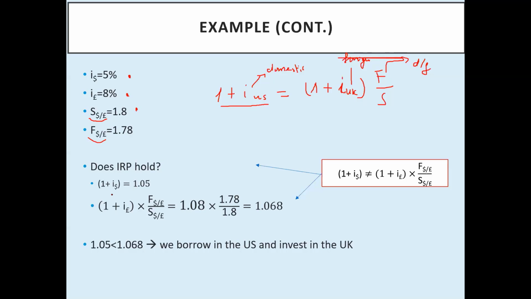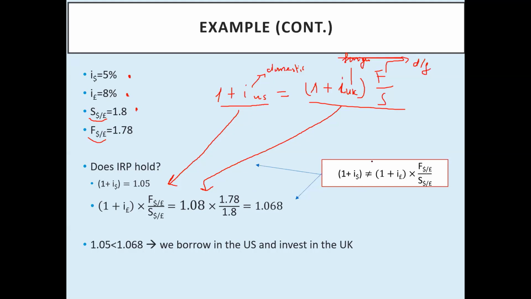Okay, so in this case, for the questions I have here on the slide, if I check the interest rate parity condition, on the left-hand side, it's equal to 1.05, okay? So 1 plus the interest rate in the US is 1.05. On the right-hand side, if I calculate these terms, I will find that it is equal to 1.068, okay?